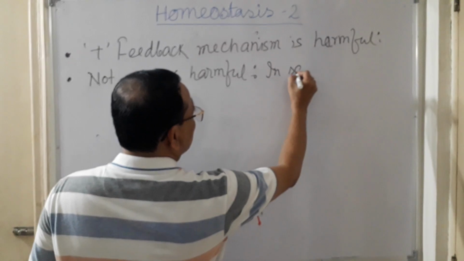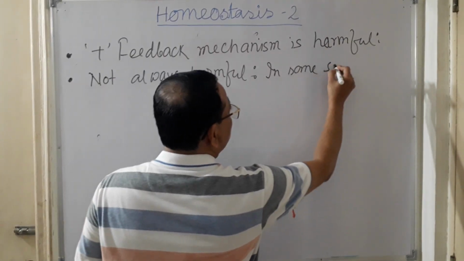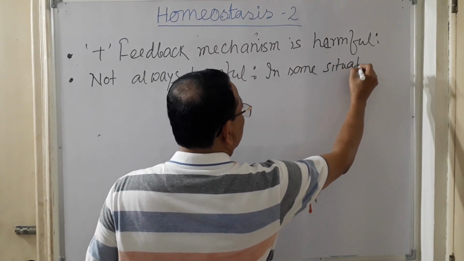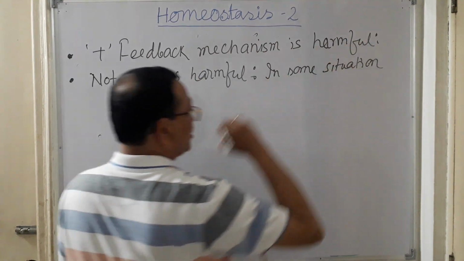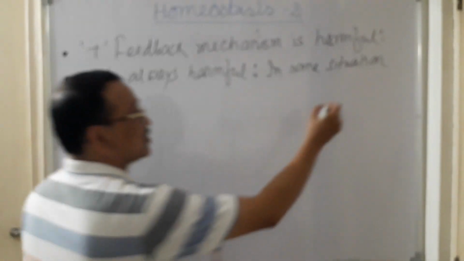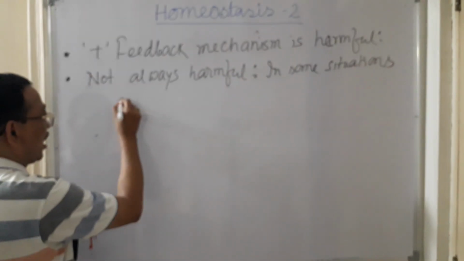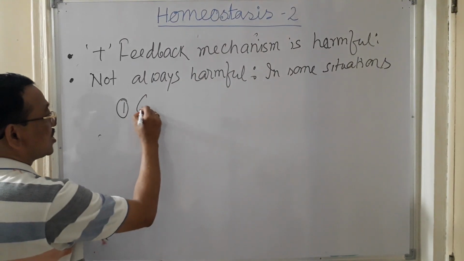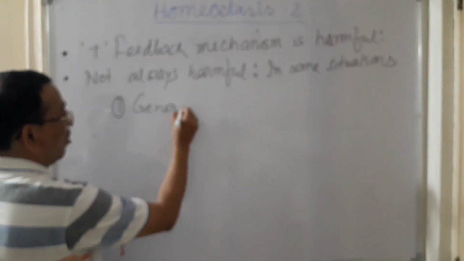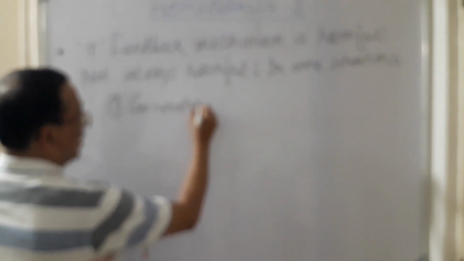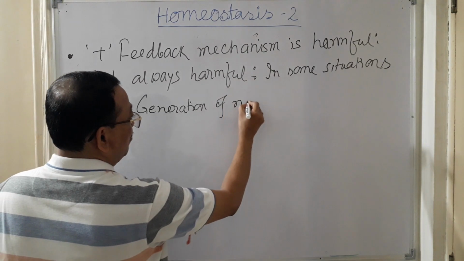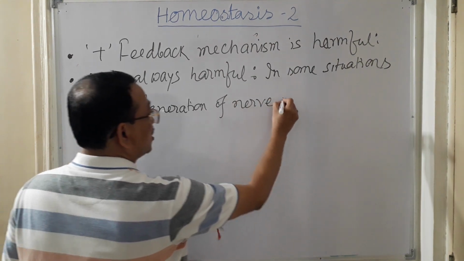In some situations, this mechanism is not harmful. What are those situations? Number one is the generation of the action potential or the nerve impulse.